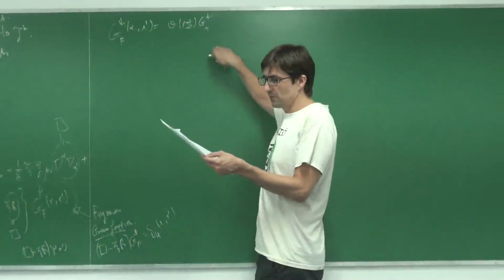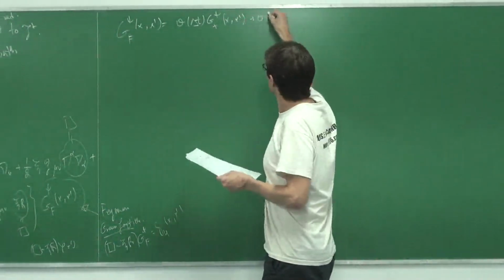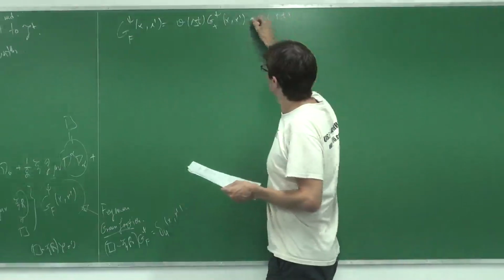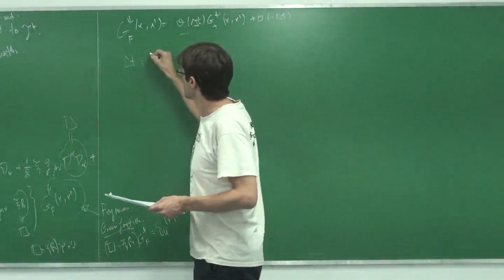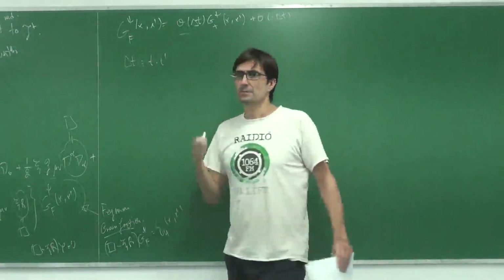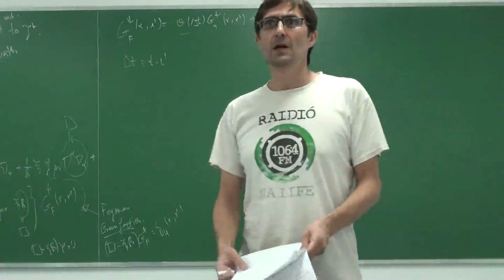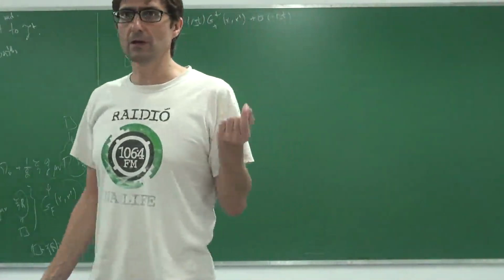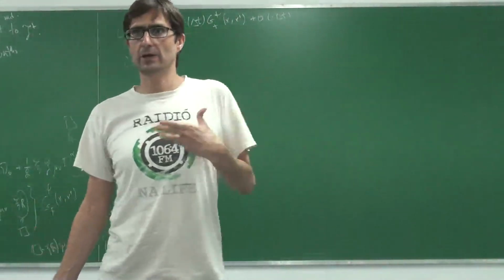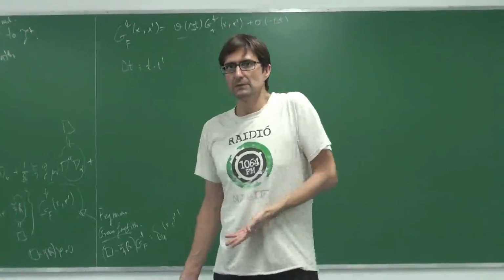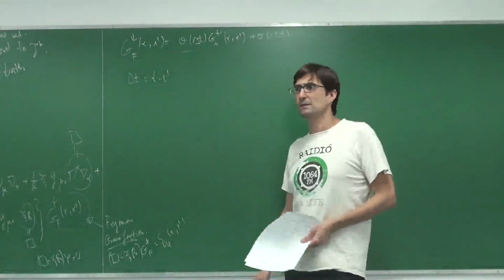And this is G plus, I'll define now what this is. So delta t is t minus t prime, if the point x is to the future of the point x prime. Note that I don't mean in the causal future. They don't have to be causally related. They can be spacelike.